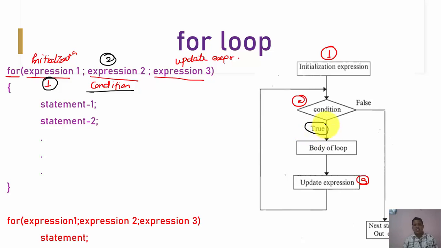If this condition is true, then it goes on to execute the body of this for loop, as indicated here. After completing, it comes back to expression number 3. So this is first, second, this one is the third, and now the fourth activity is to update the expression. After updating, it goes back again to expression number 2, that is the condition.